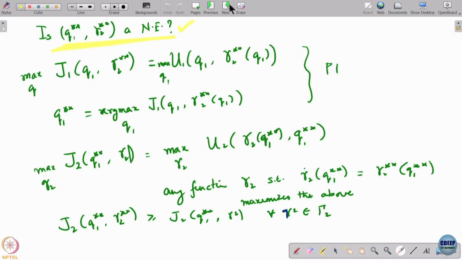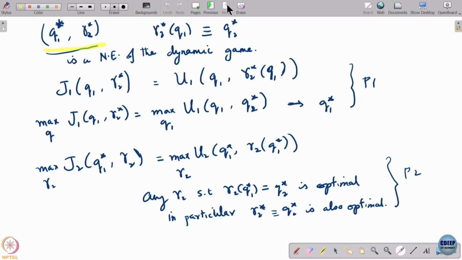Okay, but look at what's happening in this equilibrium. Q1 star and Q2 star, the single starred ones, are very special quantities because they are the Nash equilibrium of the simultaneous game. So player 2 is playing a constant strategy, which is always equal to Q2 star.